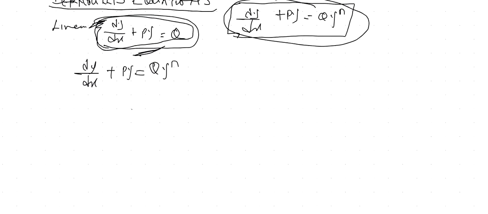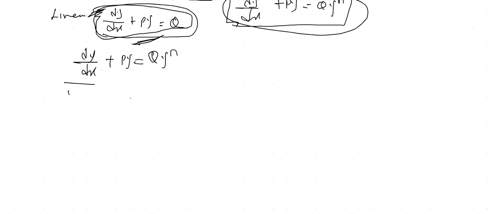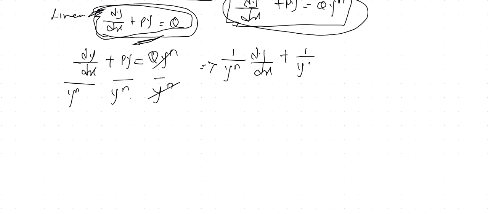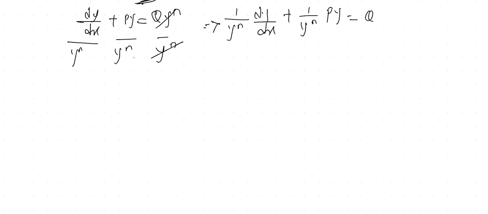So let's divide by y raised to the power of n everywhere. We have 1 over y^n dy/dx plus 1 over y^n py equals q. Which gives us y^(-n) dy/dx plus y over y^n p equals q.